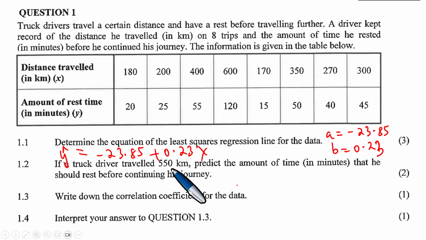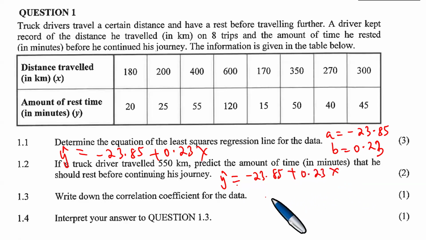If a truck driver travels 550 kilometers, x is the distance in kilometers and y is the rest time. So x is 550 kilometers, what is the rest time? Y hat equals minus 23.85 plus 0.23x, with x equal to 550.